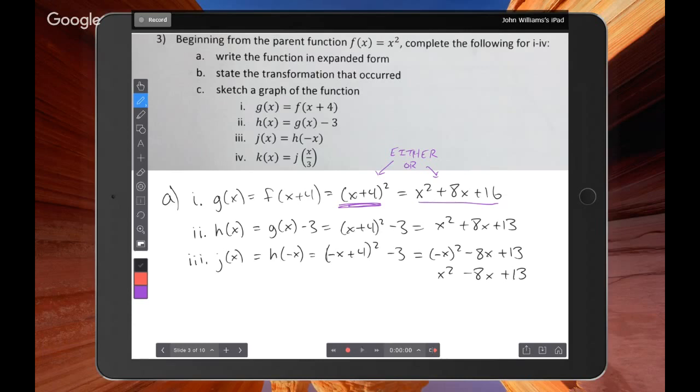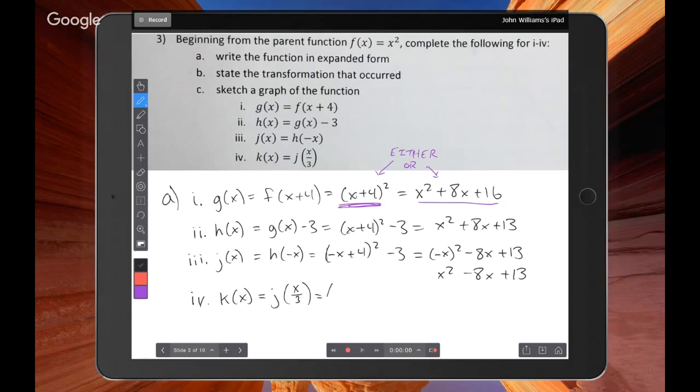And step 4, we've got k of x equal to j of x over 3, which means I replace each of the x's with x over 3.